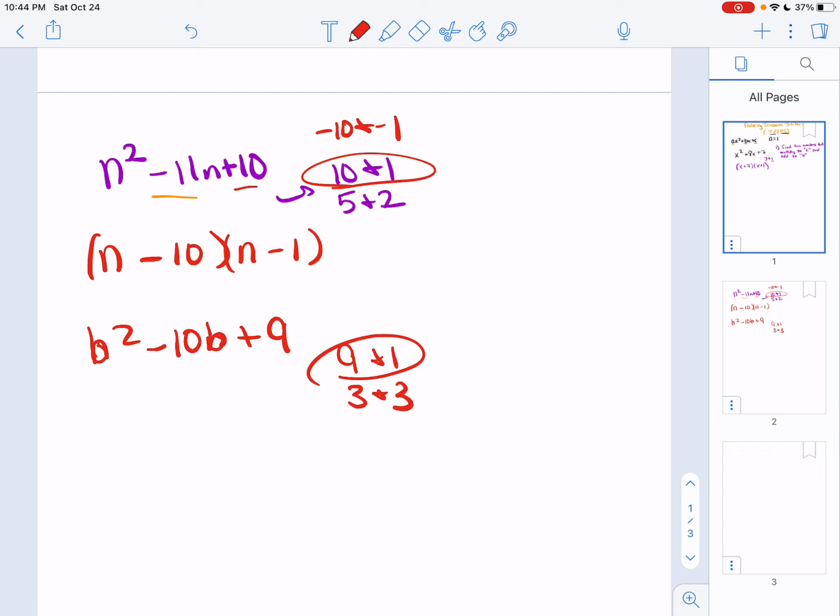It has to be the 9 and 1. The 9 that we're multiplying to is positive, so they either have to both be positive or both be negative, and we have to add to negative 10. So, you guessed it, they are both negative, because negative 9 plus negative 1 is negative 10. So, when we write our factors, we have negative 9 and negative 1, so it's b minus 9, b minus 1.